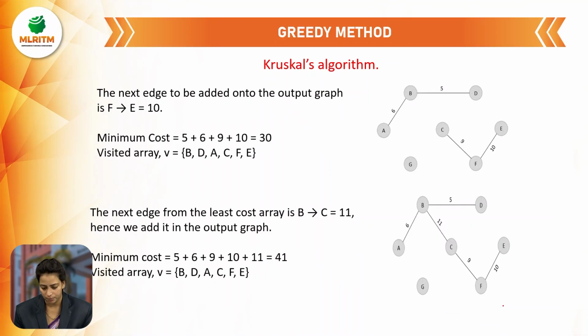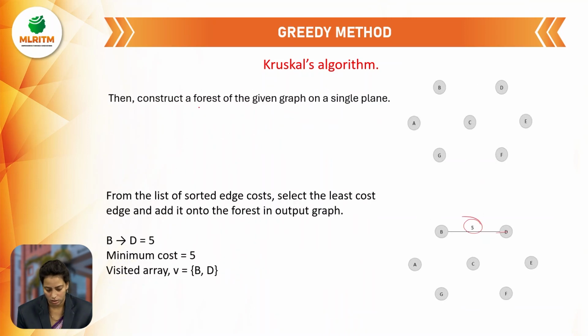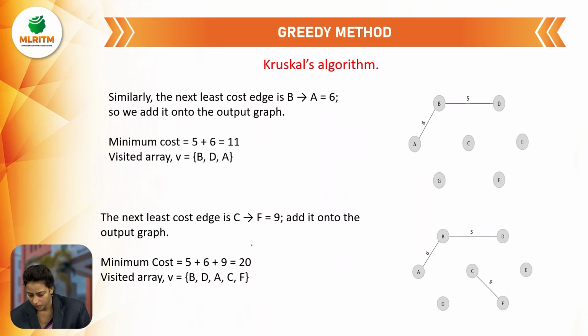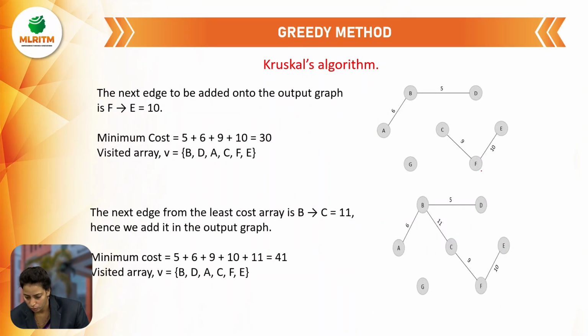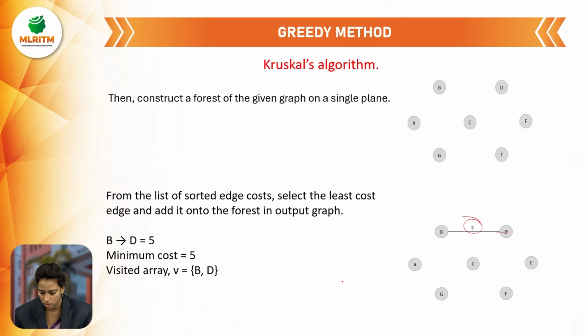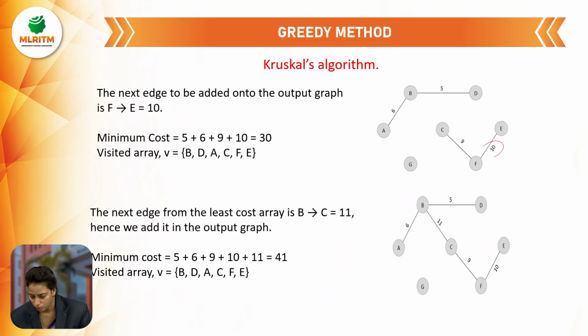Okay. Next edge is F to E. What is the value of F to E? 10. So add that edge into the spanning tree. Next, B to C. What is the cost? 11. B to C is 11.